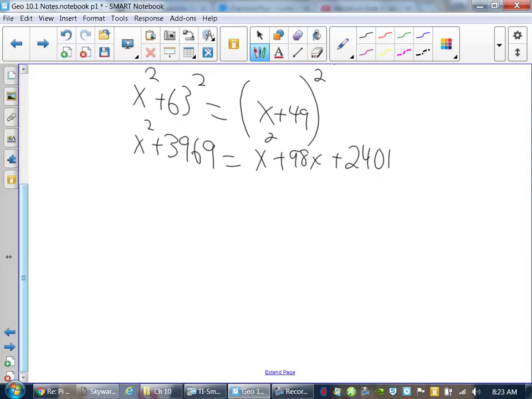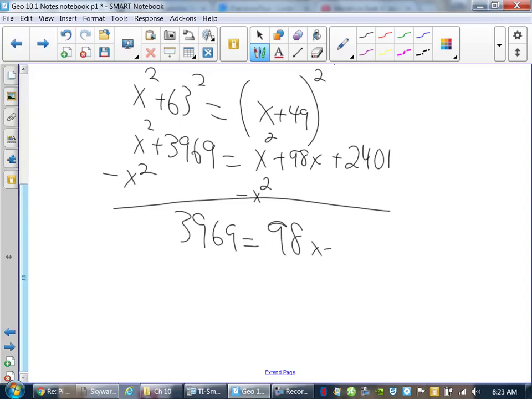Since they have the exact same coefficient, the x squared term drops. And then you're at 3969 is 98x plus 2401. Two-step equation now. The only trickery thrown into this problem was the fact that you had to FOIL something to start with.